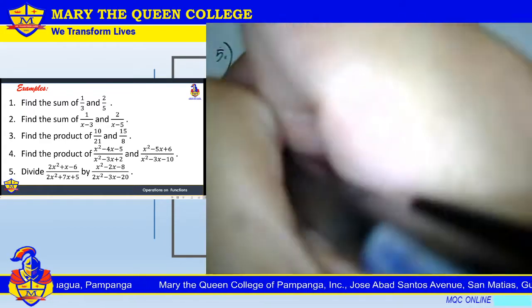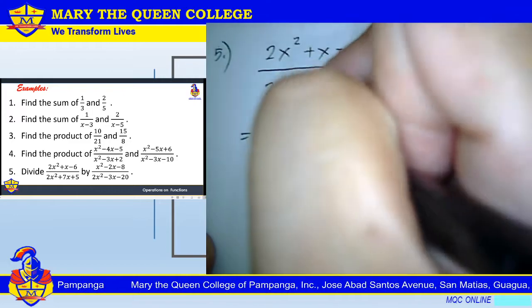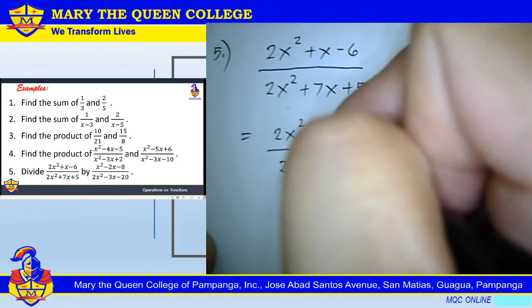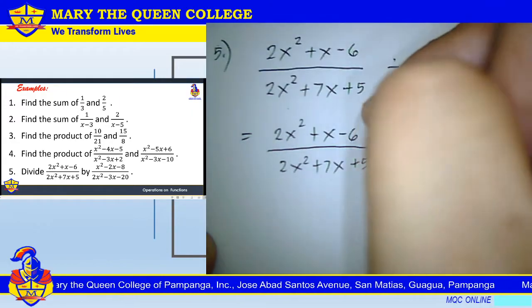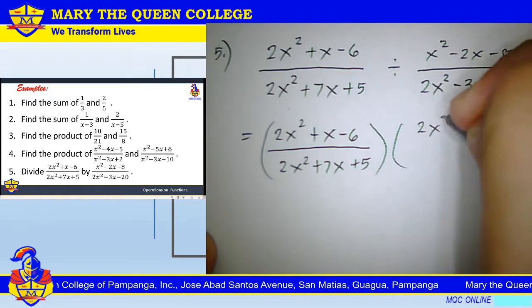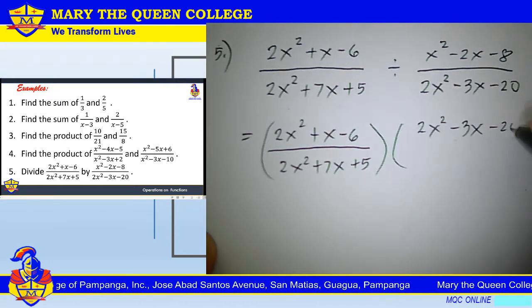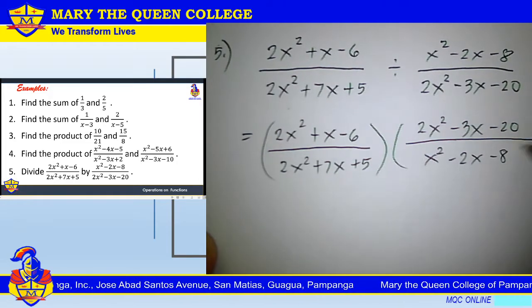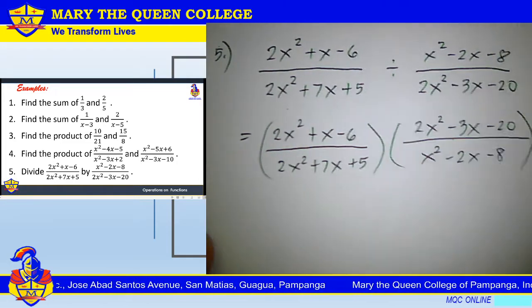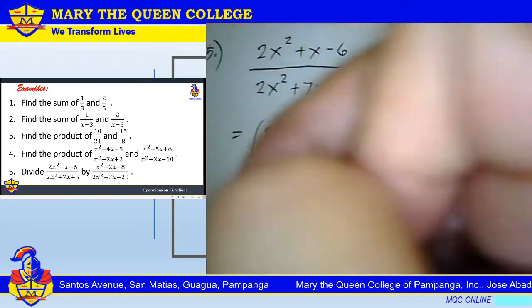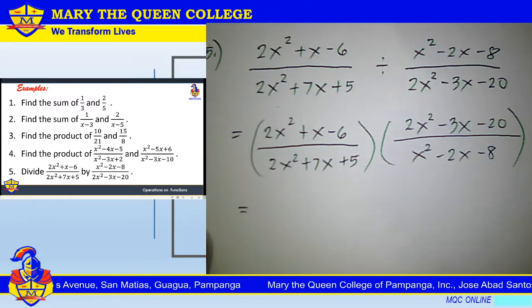So, this one would be 2x squared plus x minus 6 all over 2x squared plus 7x plus 5. We have to multiply it to the reciprocal. So, 2x squared minus 3x minus 20 all over x squared minus 2x minus 8. Okay? So, babaliktarin lang po natin yung ating divisor. Pagpapalitin ng pwesto, yung numerator, denominator. And then, apply factoring. Okay?